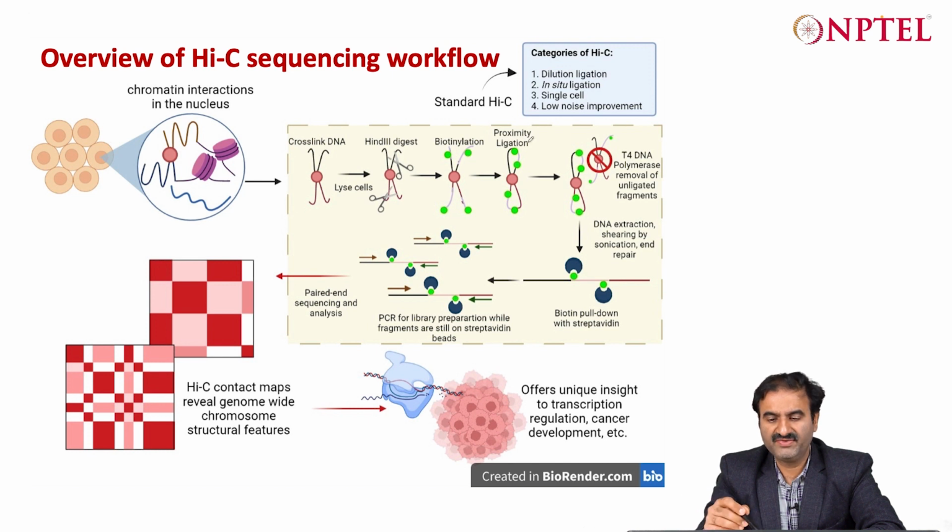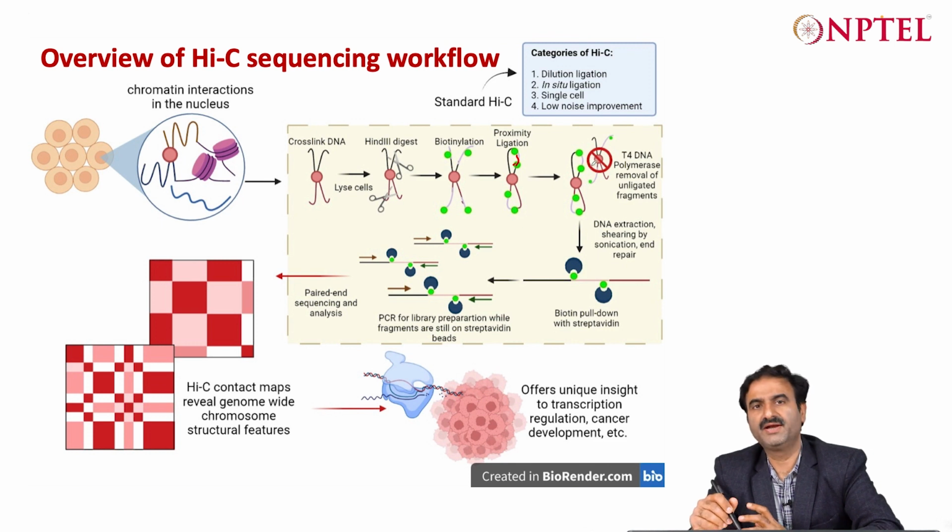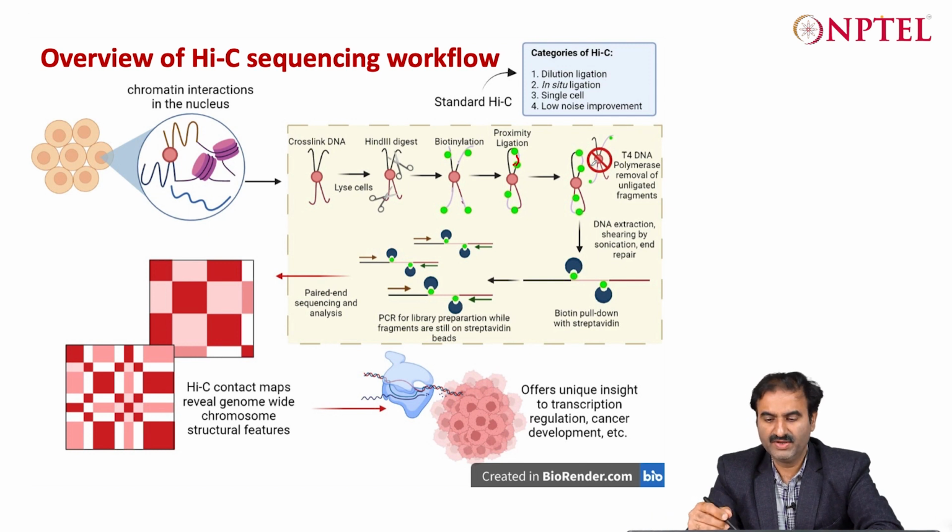Then these regions are ligated together, and the unligated regions, or the regions that did not cross-link, are removed. Then pure formaldehyde-linked and biotinylated DNA is taken. It will have two regions, red and black for example here, which were distant in the chromosome.